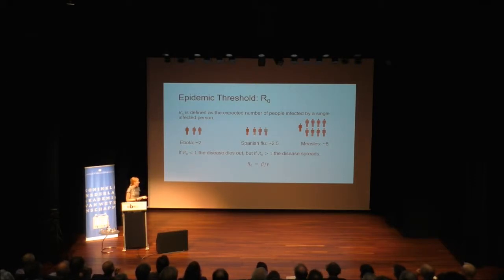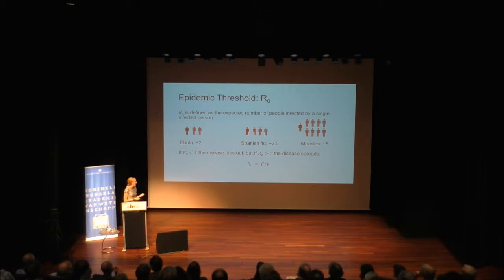But if it's larger than 1, then we expect the disease to spread. And this is not so strange, because for a disease to be able to spread, every person needs to infect at least one other person. And if we analyze the SIR model, we find that R0 can actually be expressed, in this case, as beta over gamma.